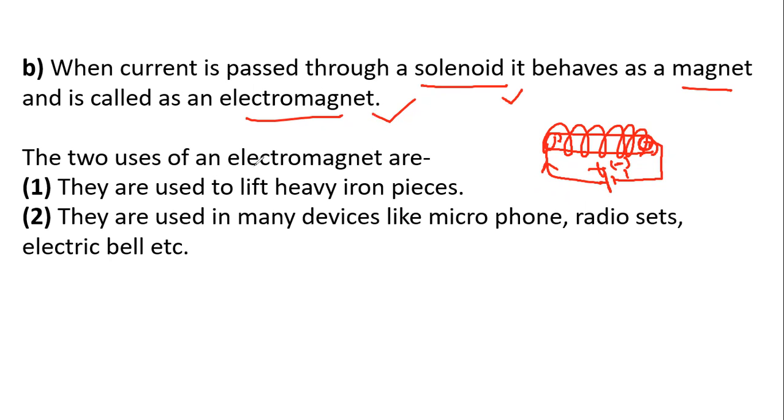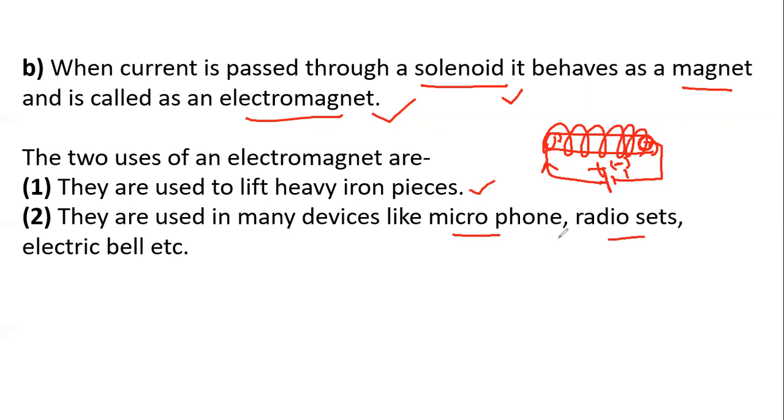Then what are the uses of an electromagnet? Many you can write. Only two I have mentioned. If you want, you can write more, because in the question they have asked only two. They are used to lift heavy iron pieces, and they are used in many devices like microphones, radio sets, electric bells.